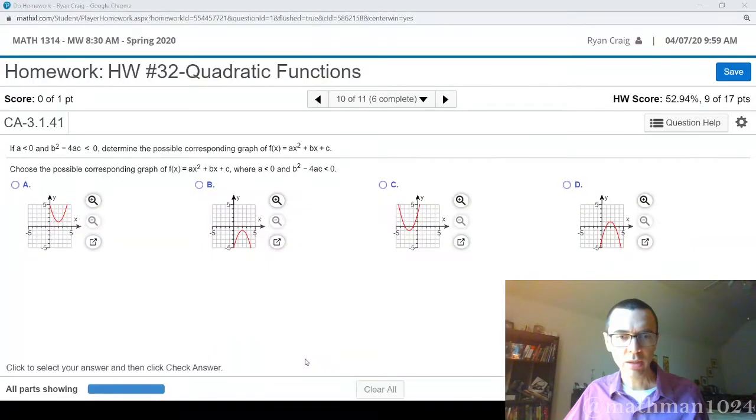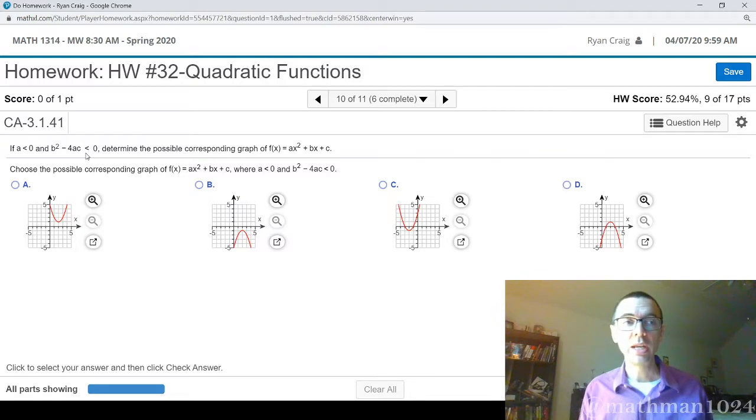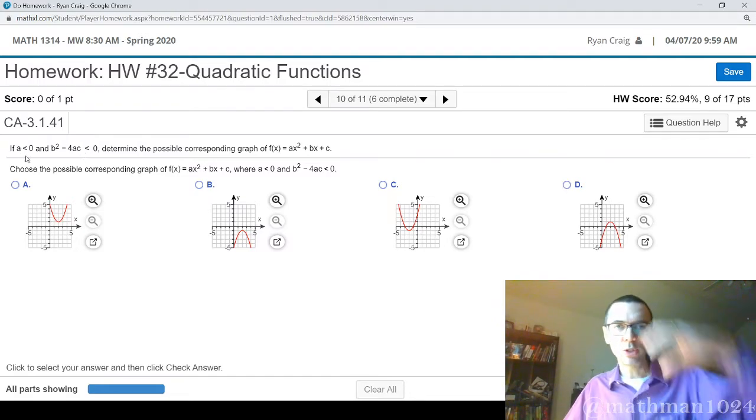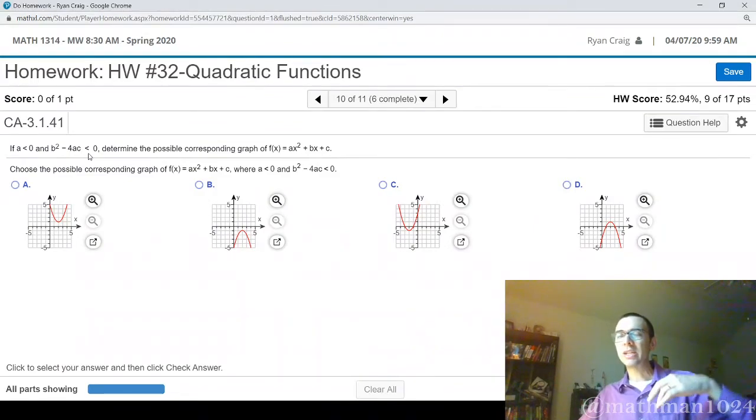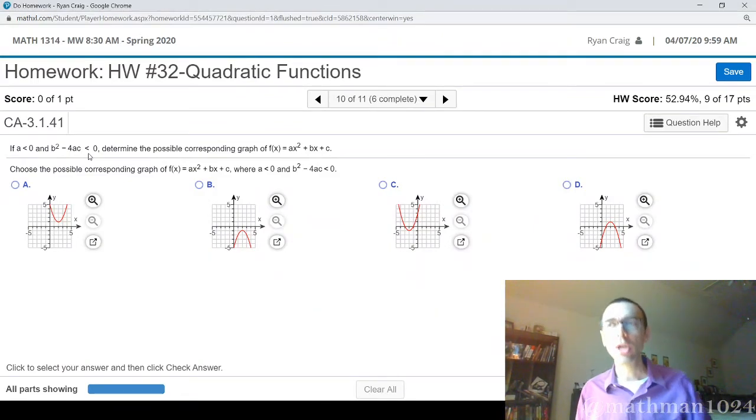So let's go back and look at these homeworks. Here this says A is less than 0, which means it's going to be opening upside down. And this part right here, b squared minus 4ac, is also less than 0. A less than 0 is opening down. b squared minus 4ac less than 0 means you get a negative inside the square root, which means you have imaginary solutions, which means you don't have x-intercepts.